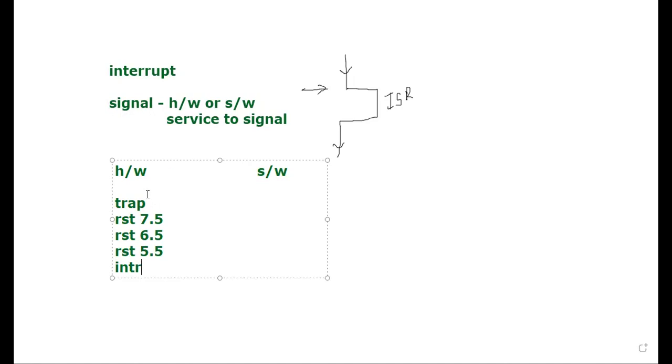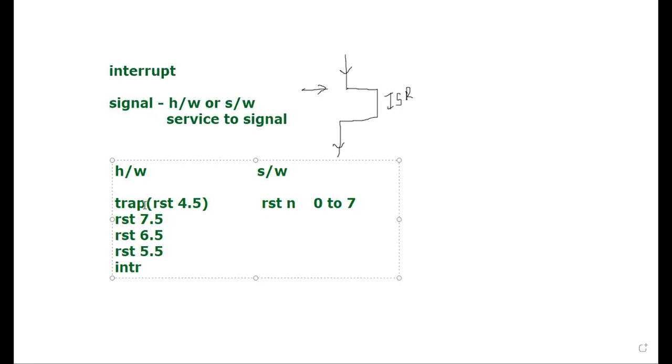Okay. So trap is also called RST 4.5. Then the software interrupt is denoted by RSTN, where N varies from 0 to 7.